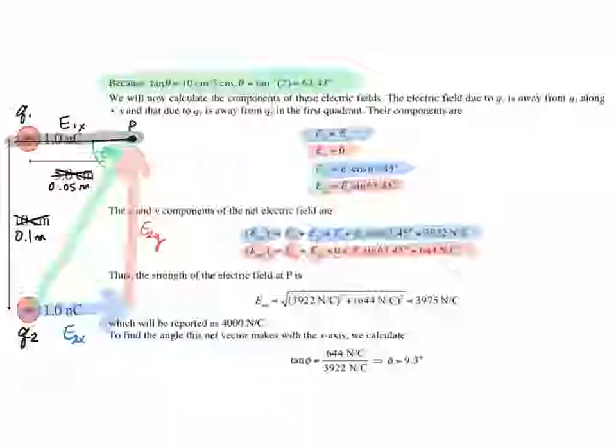So we do all of that summing: the net in the X direction squared plus the net in the Y direction squared, square root of that, and we get 3975 newtons per coulomb. That's the net effect. Now, if we had gazillions of charges and we knew all the distances, we'd just tell the computer. You could even put this in a spreadsheet. Just put in distances, put in charge values, poof, poof, poof, it's all done.